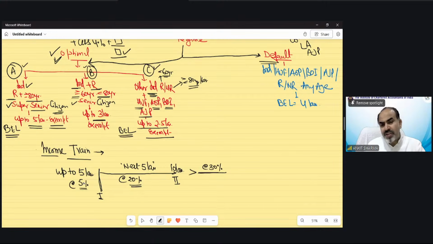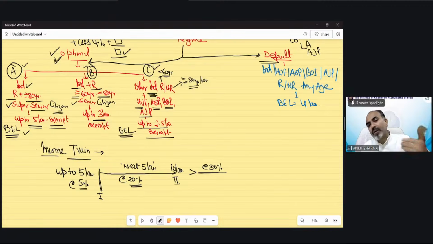So you just need to remember two things. First, the basic exemption limit for different categories of individual: 5 lakh rupees, 3 lakh rupees and 2.5 lakh rupees. And the second thing you need to learn is the rate as per this income platform. If income falls up to 5 lakh rupees, the rate would be 5%.